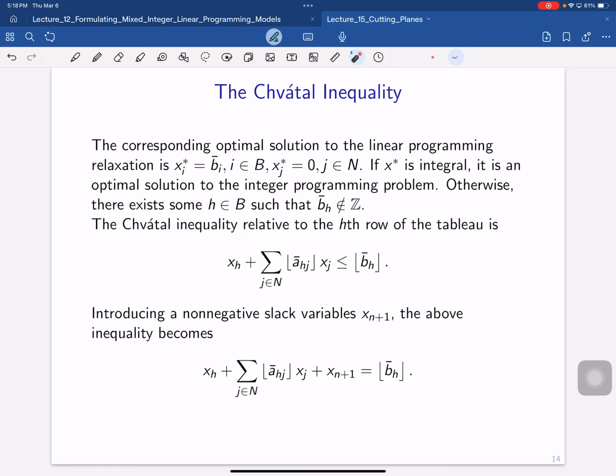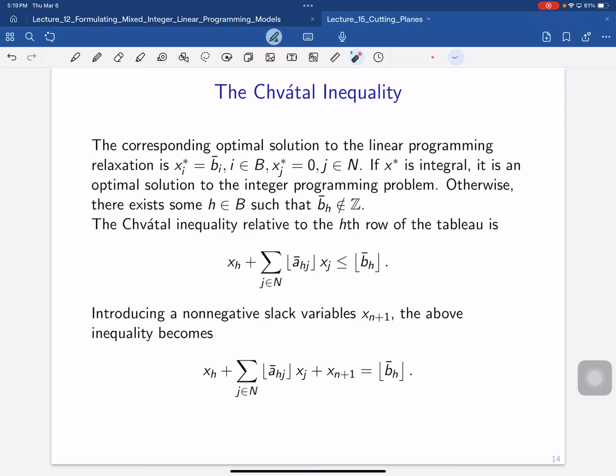This is a Chvátal-Gomory inequality. Okay. Now we can add a slack variable to this inequality and keep it in standard form, right? Because we want all the inequalities to be equalities, right? By adding a slack variable, we get this equality, and then add this row to the simplex tableau. Okay.